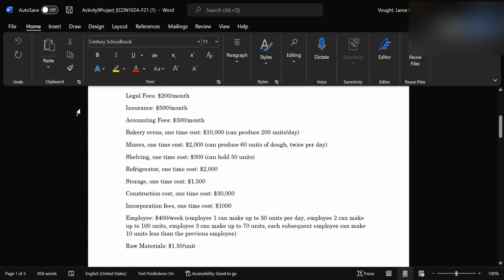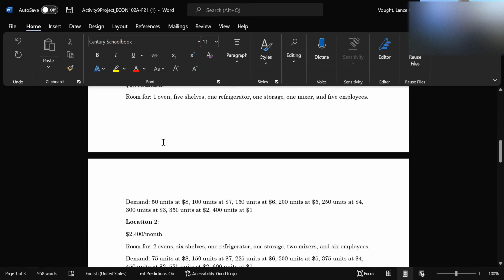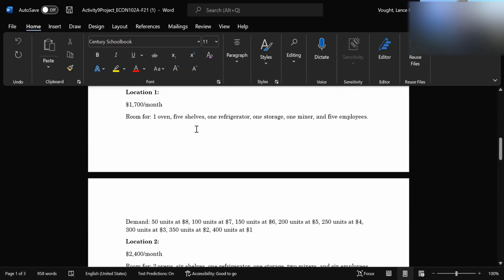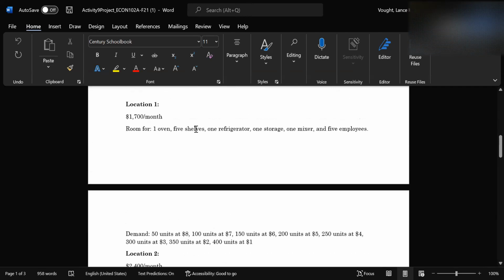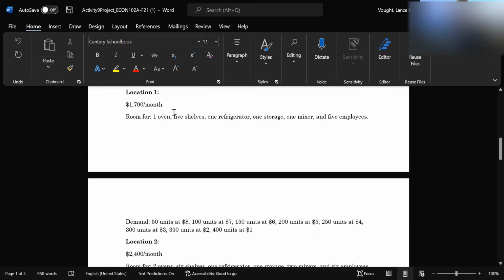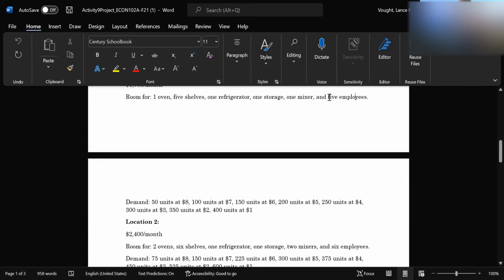And Andrew wanted to go through the first location. Yeah, so if you were to create a production function for the first location, if you added up all of these costs, so again, you don't have to hire 5 employees, just to be clear. It just means that you couldn't hire more than 5 employees.